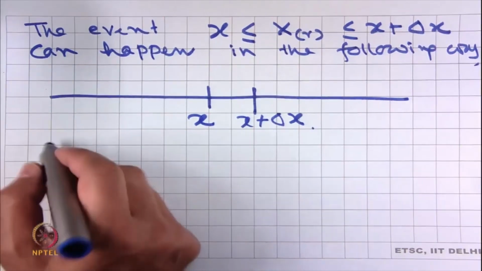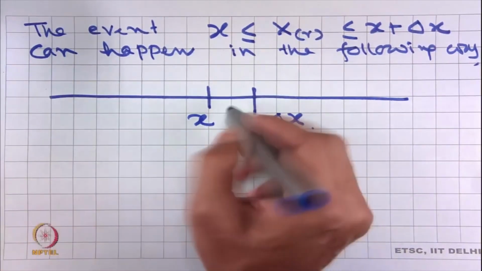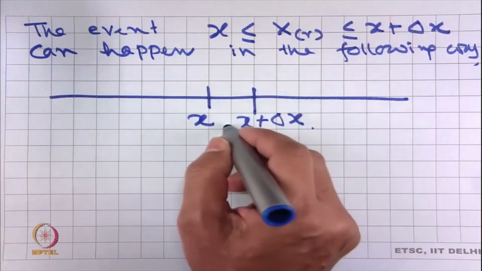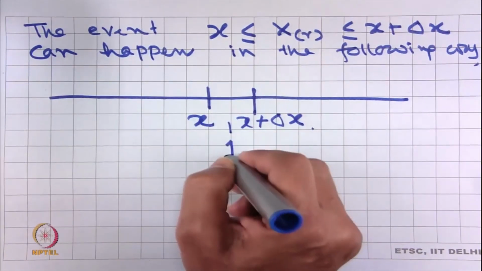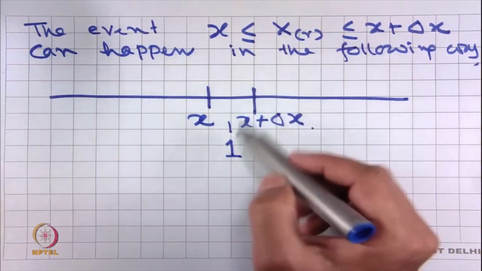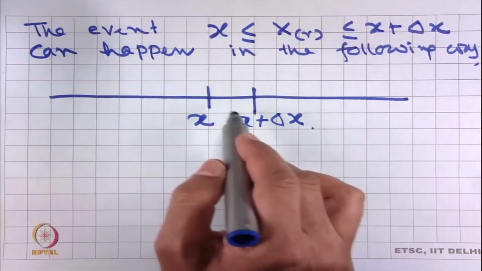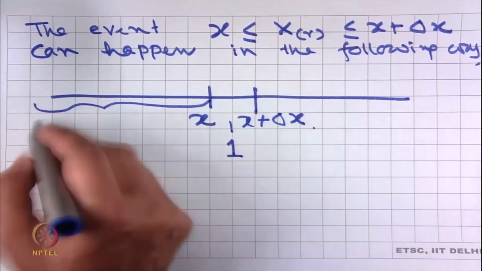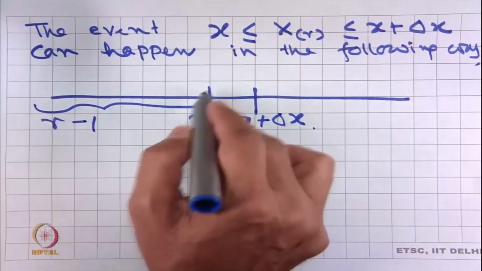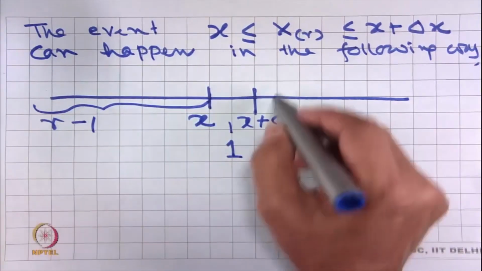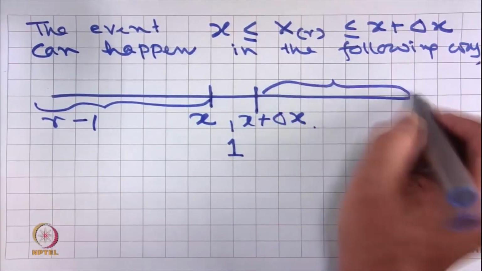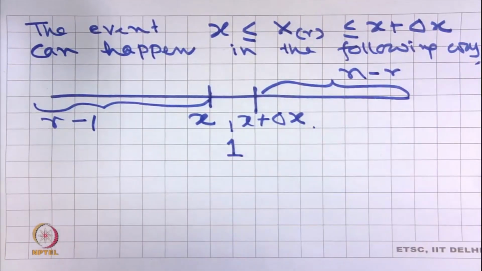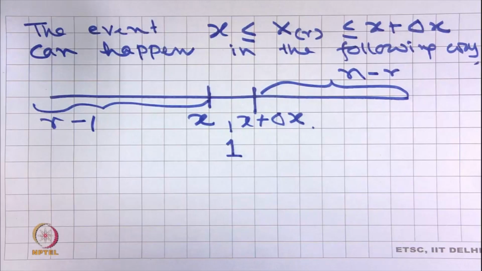We are looking at X_r, so X_r will occur in this interval. Only one among the n observations will be here. Since it is the rth one, r minus 1 observations will be less than x and n minus r observations will be above x plus delta x.